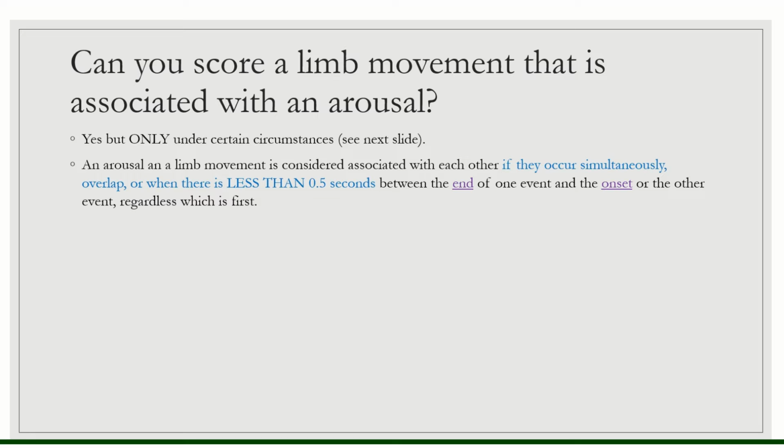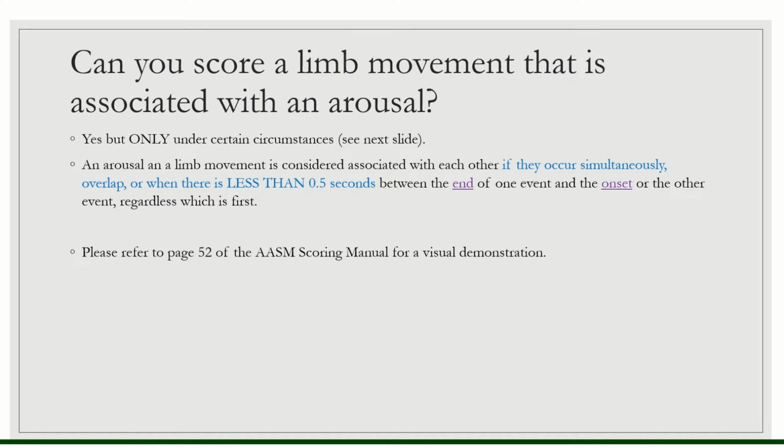We measure that from the onset of one event to the onset of the next one. But to determine whether or not a limb movement is associated with an arousal, we measure from the end of the first event to the onset of the next, regardless of which one is first.